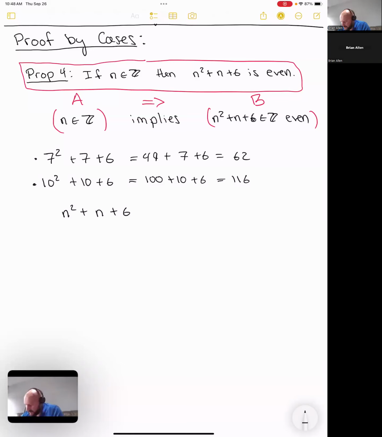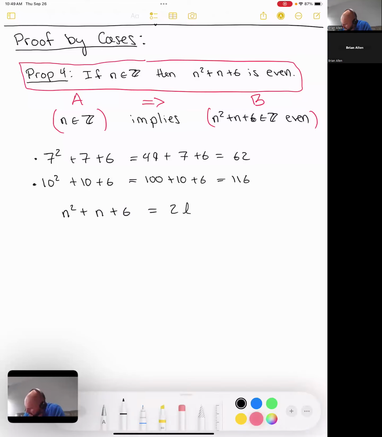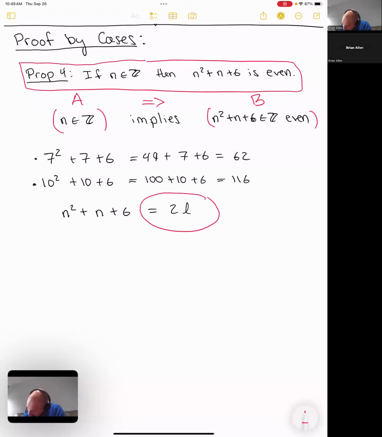If you want to show it's even, you're supposed to show that it's written as 2 times something else, like 2 times L. I feel a little handcuffed, because I don't know how to make a 2 pop out of this expression. I know how to do it for 6, since 6 can be written as 2 times 3, but I don't know how to make 2s appear in the n terms here. So I don't have anything to work with.